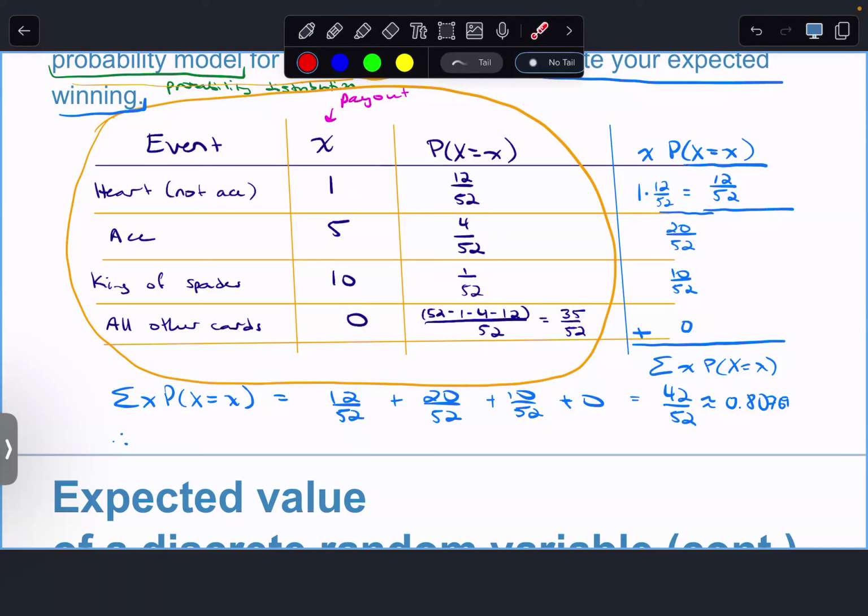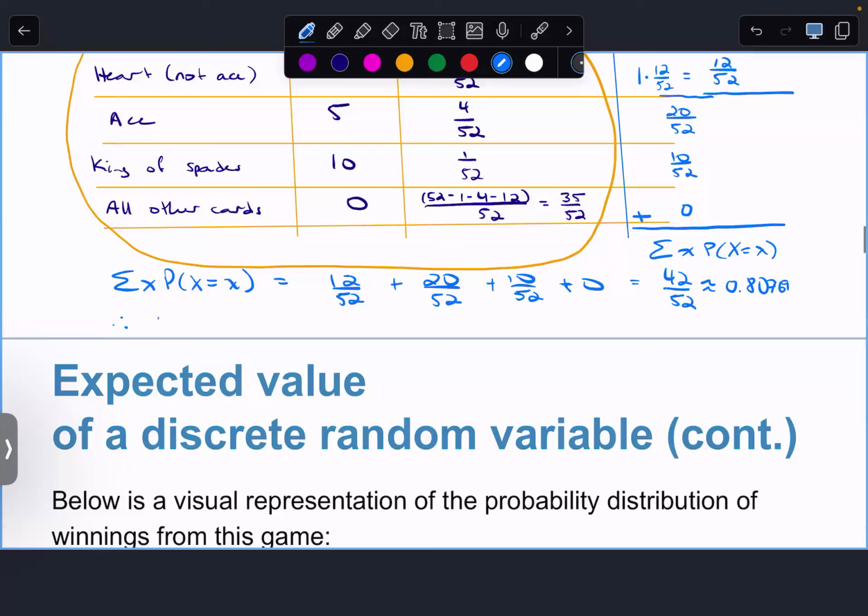And so the expected payout is roughly 81 pennies. Therefore, the expected payout is 81 cents. Nice.